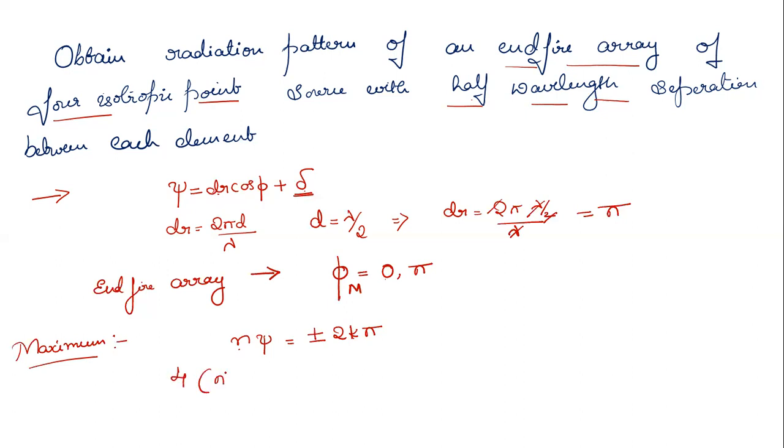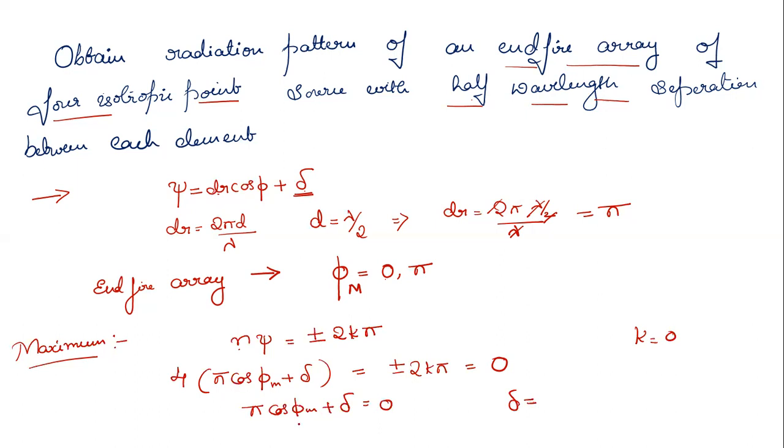4 into psi will be pi cos phi m plus delta equals plus or minus 2k pi. For the first case, I'm taking k equal to 0, so 2k pi becomes 0. So what remains is pi cos phi m plus delta equal to 0.